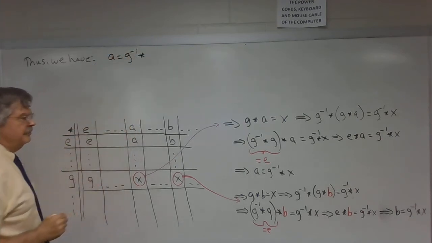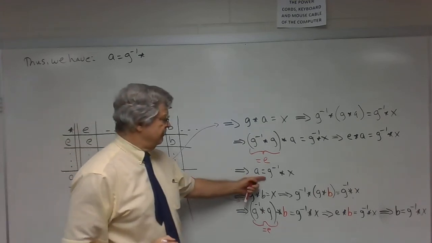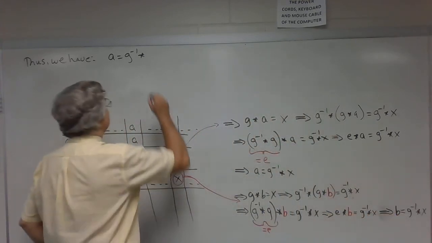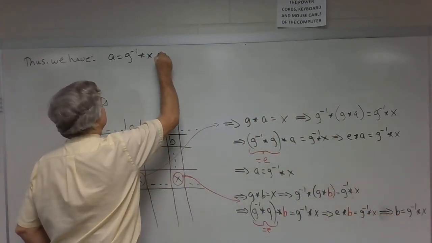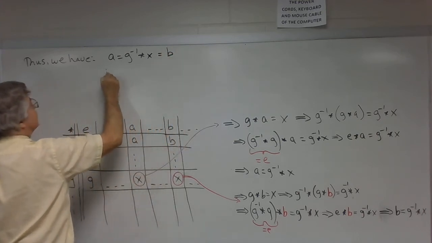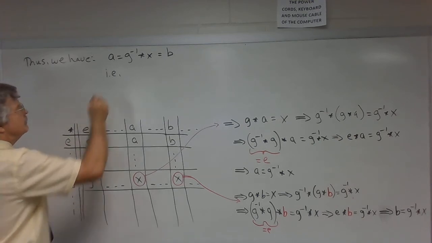So A equals G inverse star X, but B equals G inverse star X. So this tells us that A and B are equal.